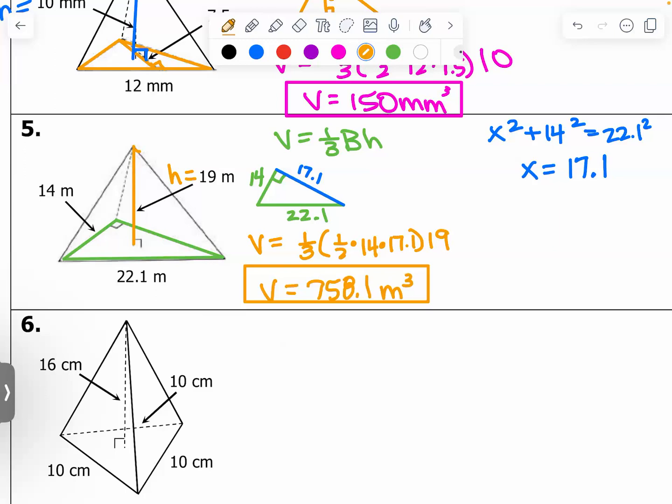It's an equilateral triangle. Radius. Half of the base? Yes. That's what I meant to say. I would say the same thing. 8.6. Would be 8.7.